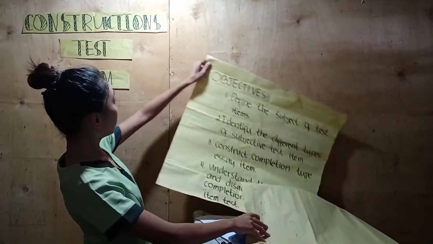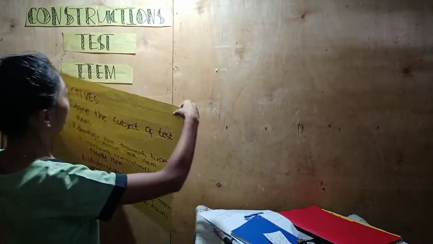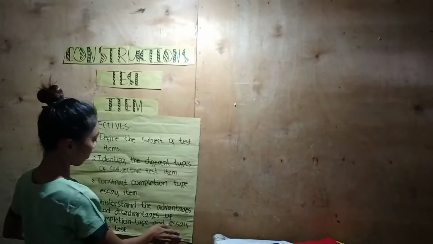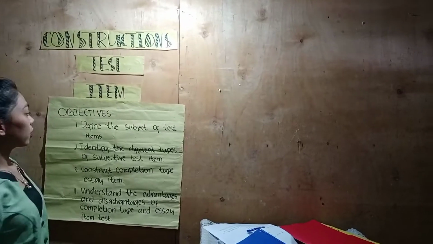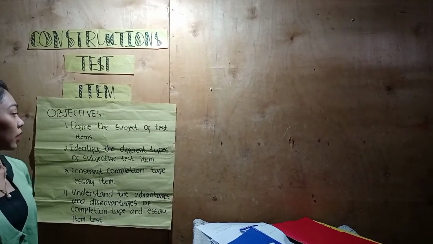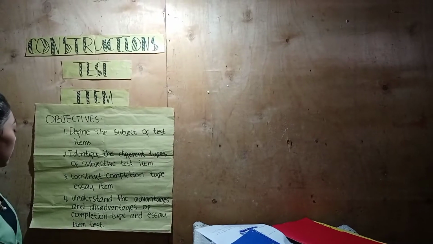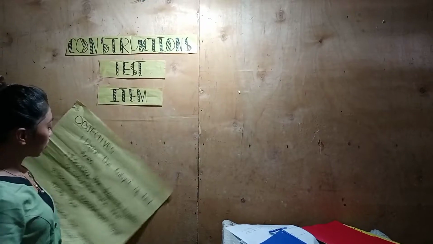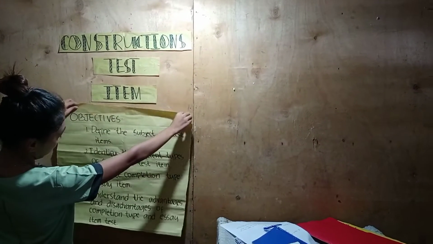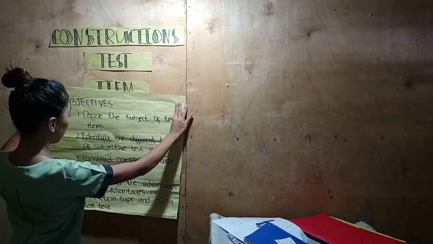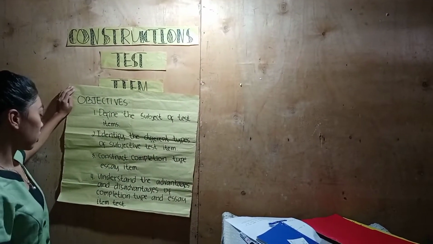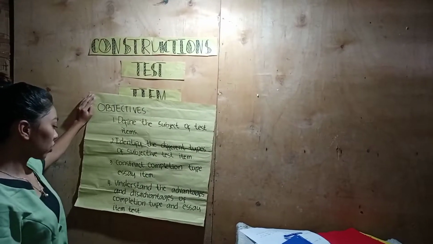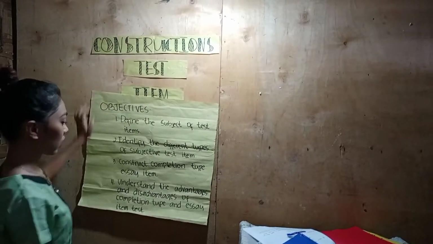I posted the objectives. Our objectives for today are: define the subjective test items, identify the different types of subjective test items, construct the completion type and essay items, and understand the advantages and disadvantages of completion type and essay item tests.